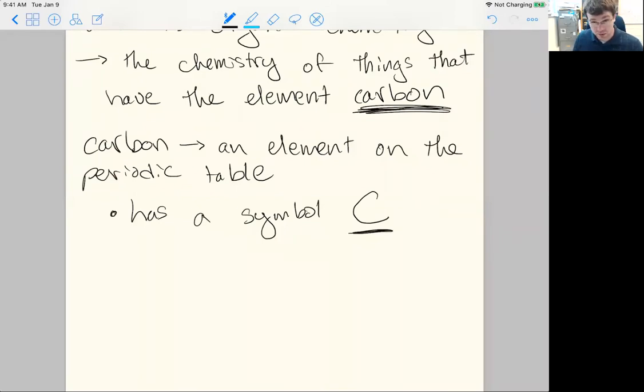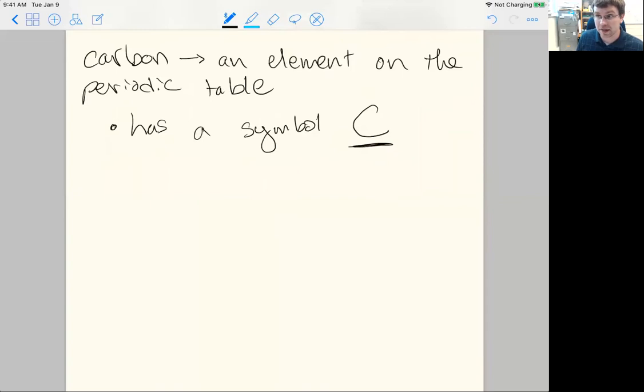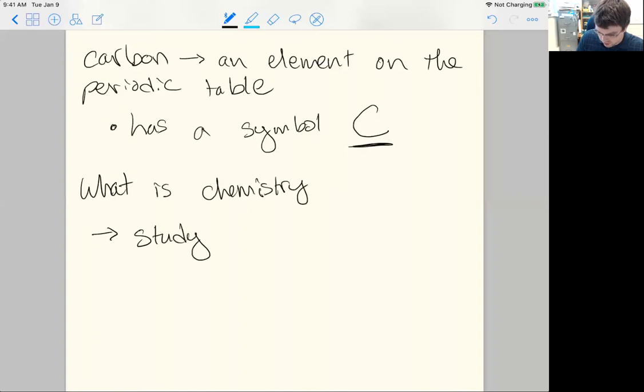In this definition, I also used a fairly complicated word, a word I've been thinking about a lot for the past almost decade and a half of my life, and that is chemistry. So let's ask the question, what is chemistry? Chemistry involves the study of the properties and composition of matter.